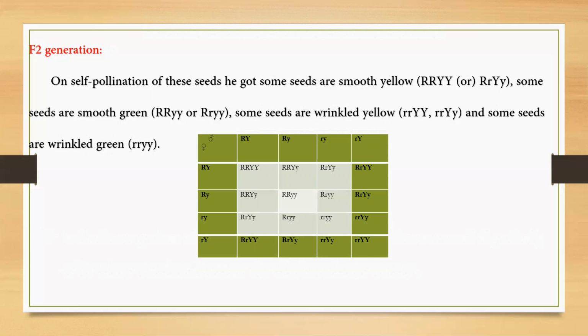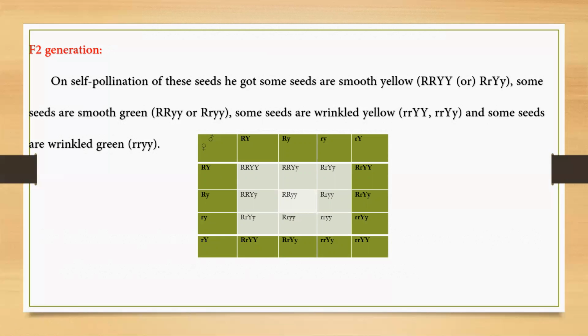One of the hybrid plants can form gametes like capital R, capital Y; capital R, small y; and small r, capital Y. All these are the gametes formed by one of the hybrid parents.